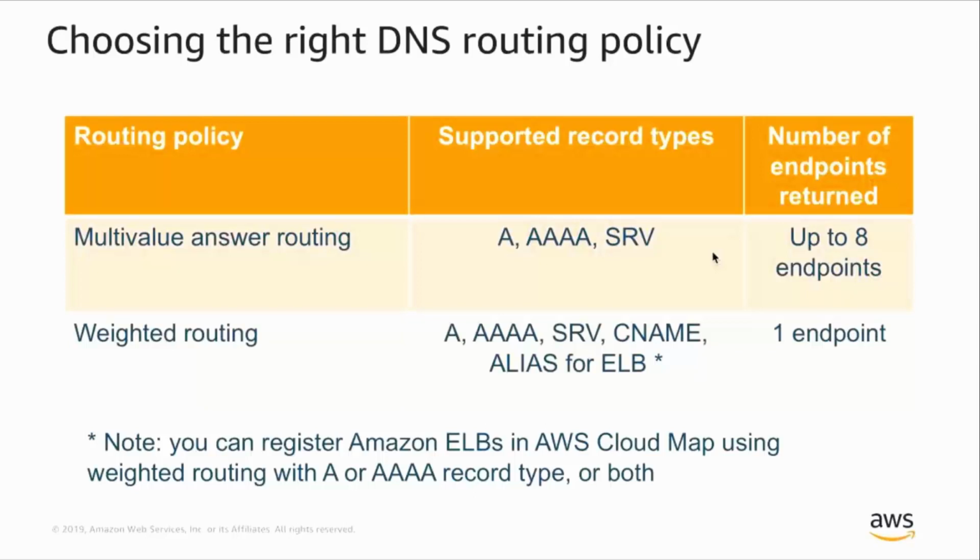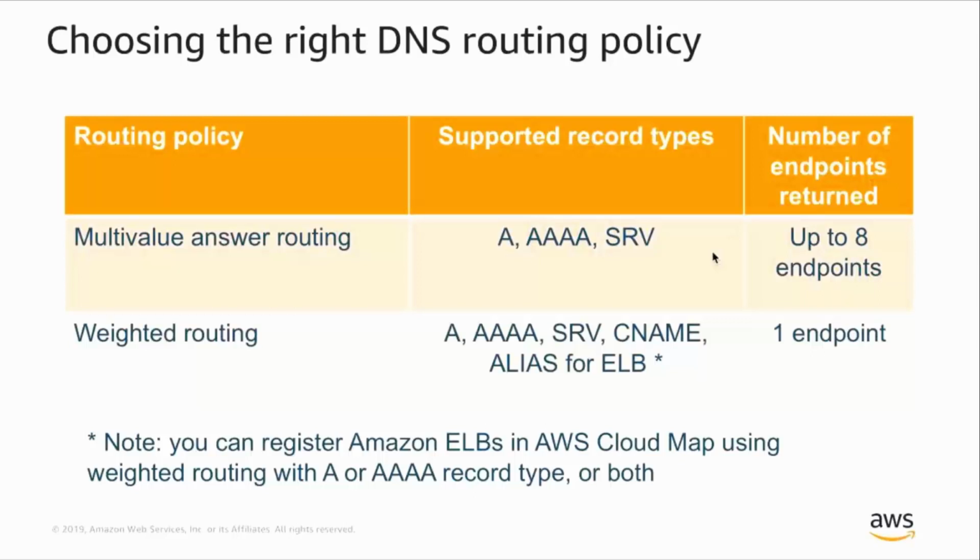And on Discovery side, you get up to 8 healthy endpoints back. Let's say if you have 100 instances registered, each call would return you a different set of 8 healthy endpoints. And if you have only like 3 or 4, you would get these 3 or 4 endpoints shuffled every time.